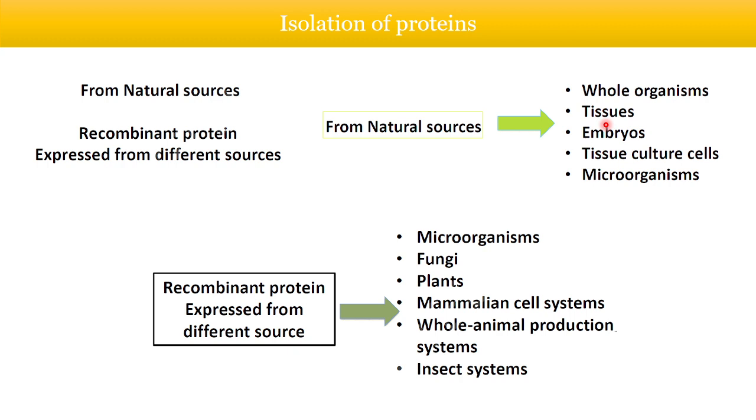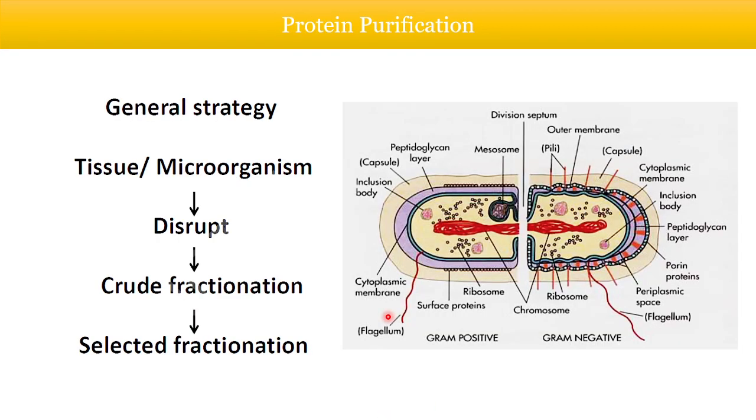So there are different model systems in which we can express our own protein of interest or the engineered protein. This is via the recombinant means, while the earlier ones fall under the category of natural sources.